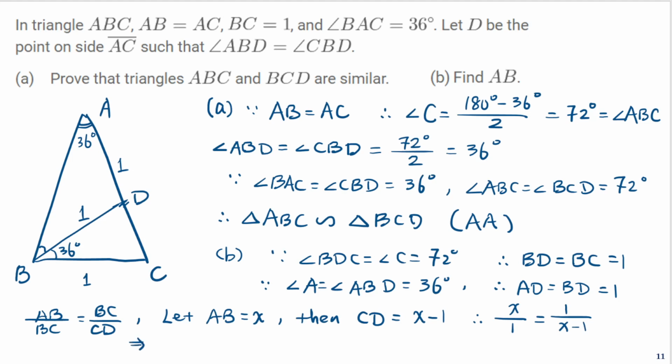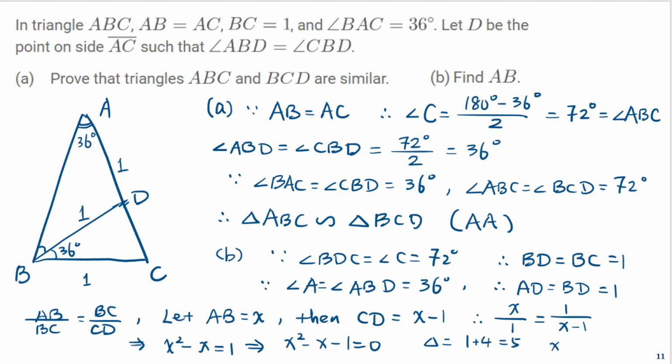So basically, we have an equation in terms of x. So x squared minus x equals 1. This gives us x squared minus x minus 1 equals 0. Do you know how to solve an equation like this? Have you learned that in algebra? That's called a quadratic equation, right? First, let's find delta. Delta is b squared minus 4ac, which is 5.